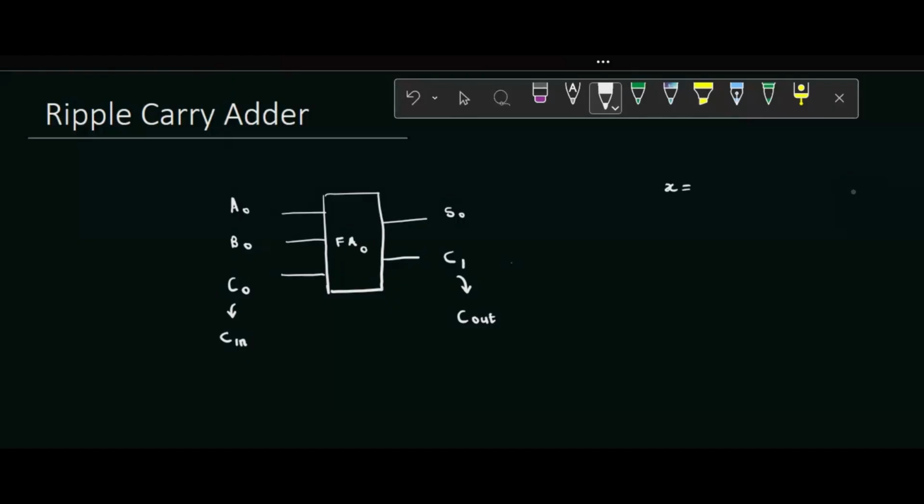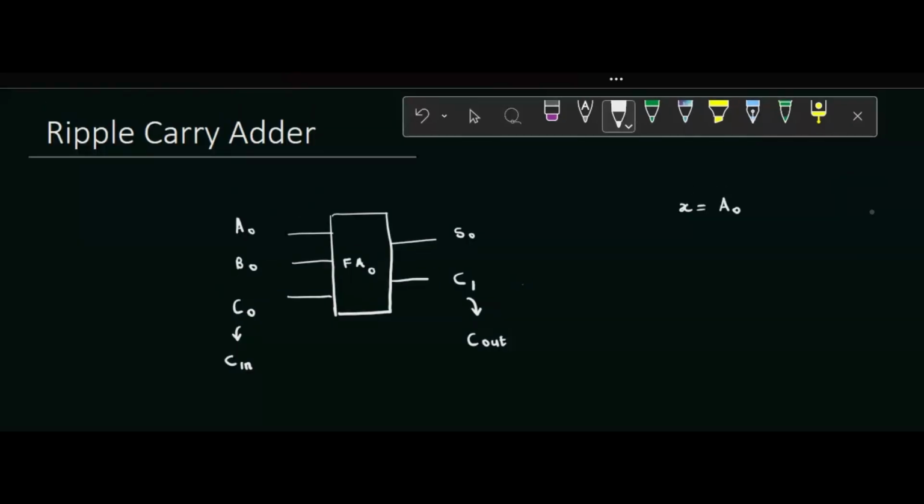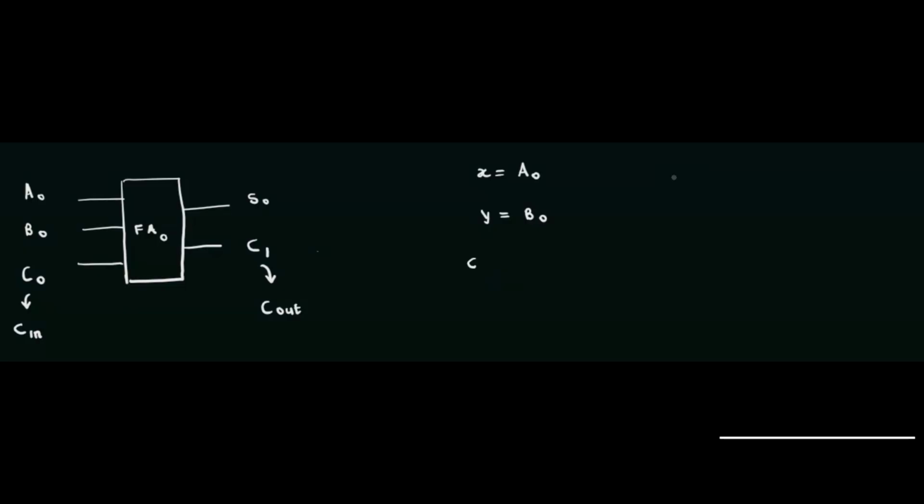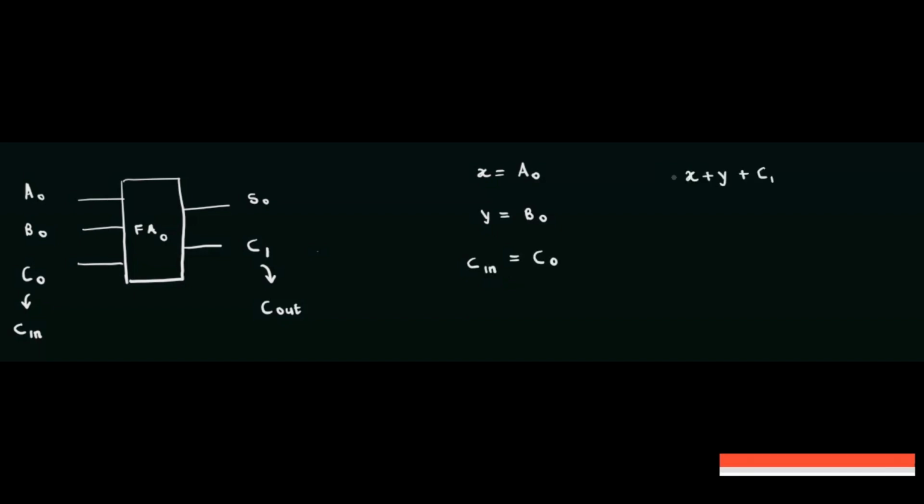Well, if x is equal to A0 and y is equal to B0, and the carry in is equal to C0, then the final answer x plus y plus C in will be equal to C1 S0. What do I mean by this?